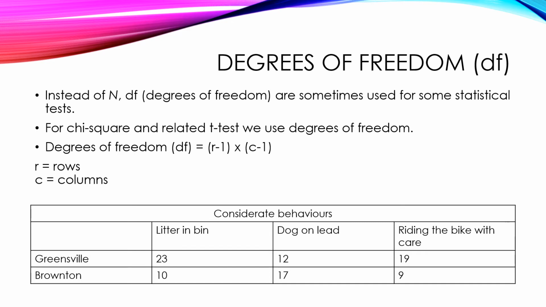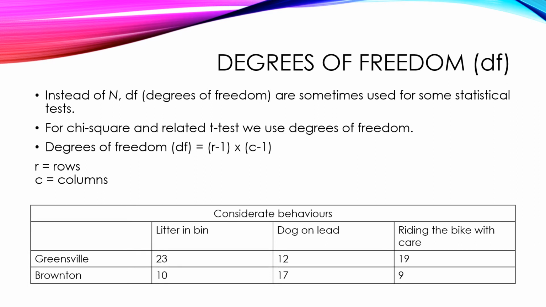And you'll see below I have a table, which is from an exam question actually. This is Greensville and Brownton and considerate behaviours at the top, and we've got litter in the bin, dog on a lead, riding the bike with care. So what researchers are comparing in this question is considerate behaviours between these two towns.